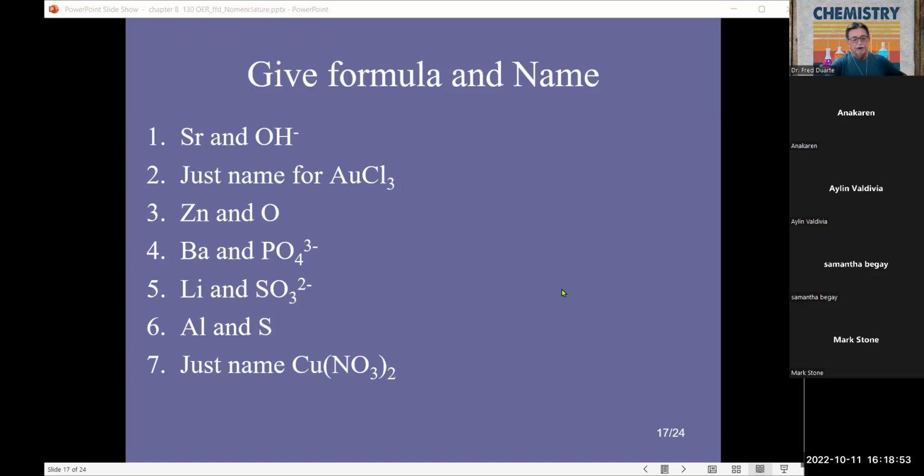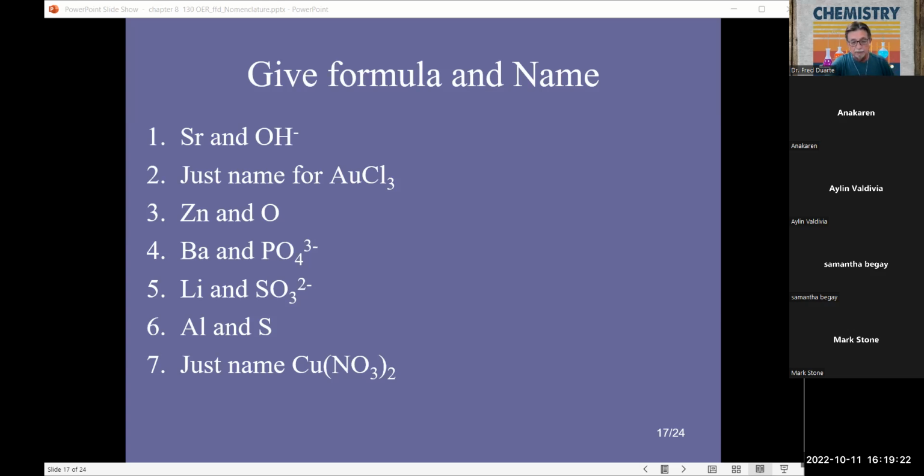So in this scenario, they're asking you to give me a list of a variety of combinations. They give you maybe the formula, or they give you the name, or they give you the elements. They want you to create the formula. So in this case, the first one is Sr, which is strontium, element number 38, which belongs in group 2A, which is a metal.